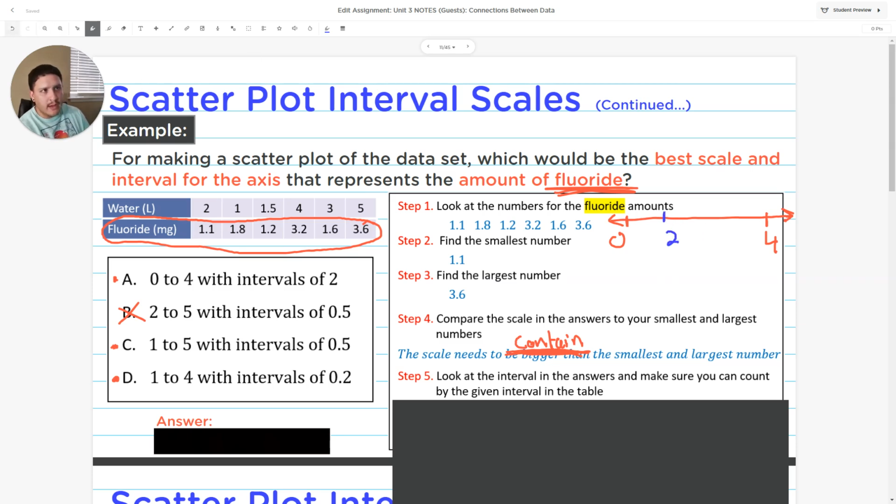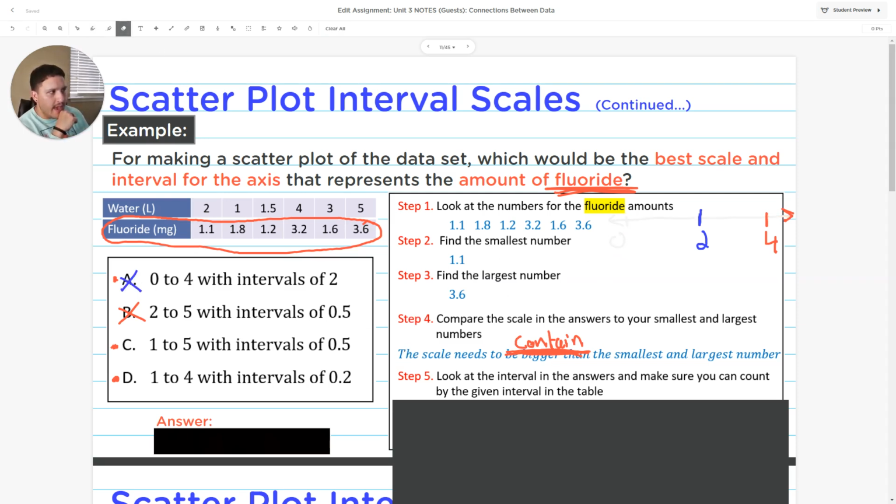And then from 2, I'm going to go another 2 and go to 4. Now, look at your list of fluoride numbers. Will counting by 2 hit these decimal numbers? No, it's going to skip a large amount of them. So, counting by 2, no good. A does not make sense.